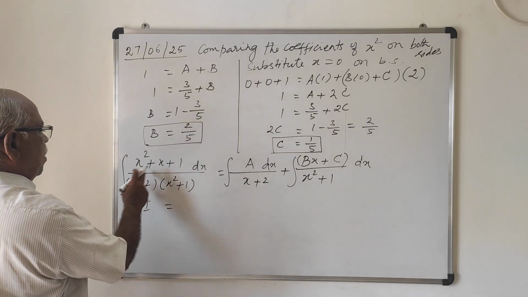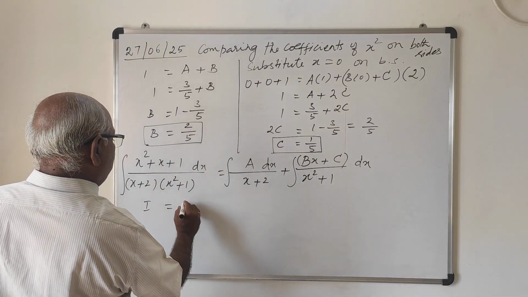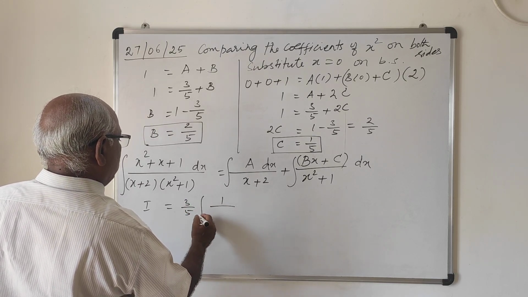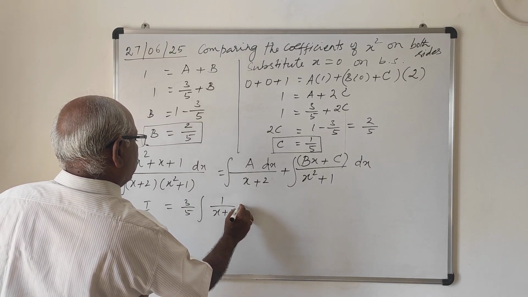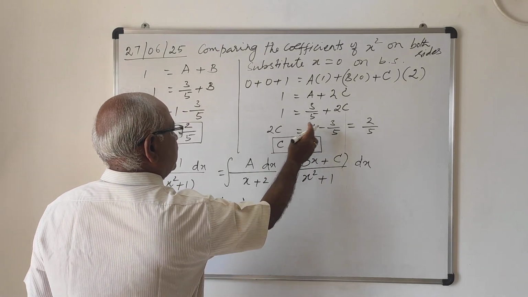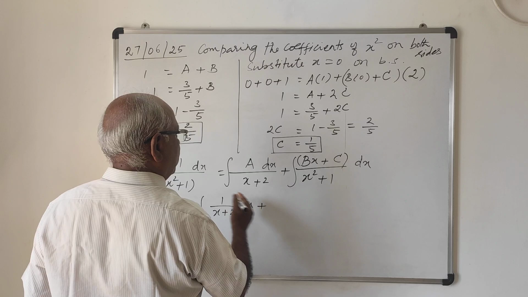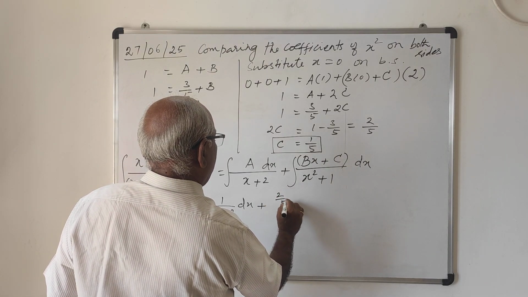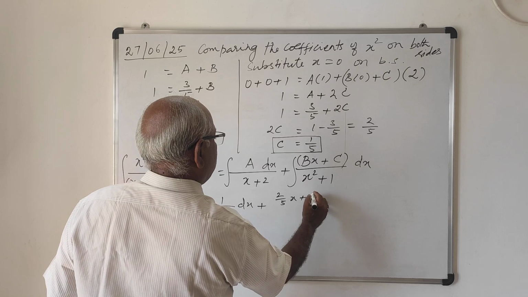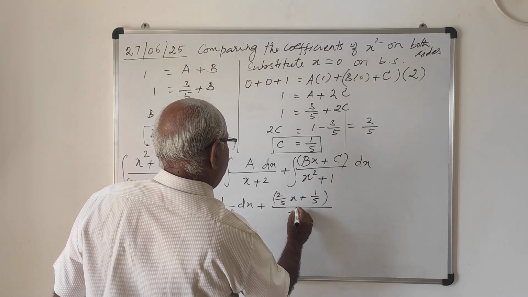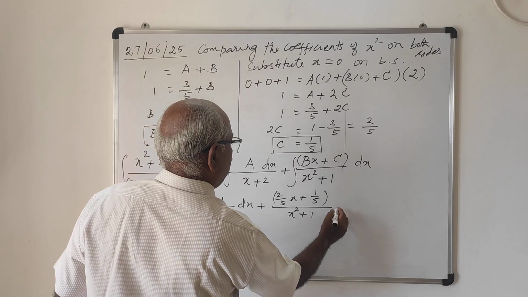By substituting the values here in the integral, the problem becomes: a is 3 by 5, you take that 3 by 5 outside, integral 3 by 5 into 1 by x plus 2 dx, plus what is b? b is 2 by 5, 2 by 5 into 2x plus dx plus c is 1 by 5 by x square plus 1 dx.